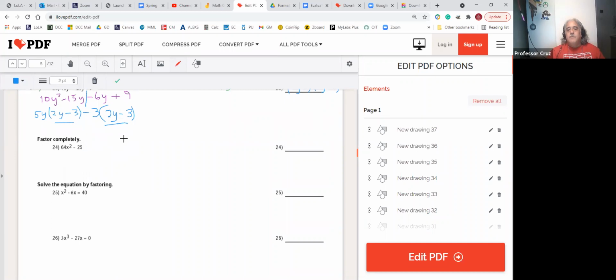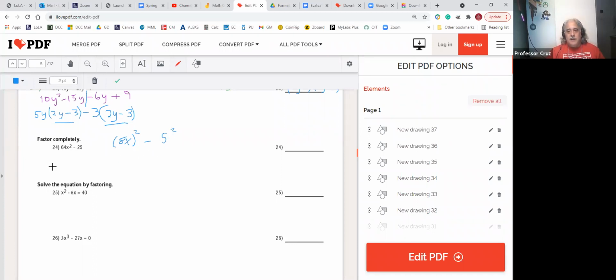All right, this right here can be written as such. All right. So 8 squared is 64, x squared is x squared, and then 5 squared is 25.